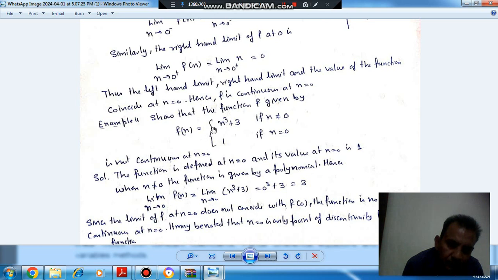So the limit of the function is represented by the limit as x tends to 0 of f(x) by this equation. If we put in the limit, we get the limit of the function as 3, but the value of the function at x = 0 is given as 1. So the value of the function is 1 and the limit of the function is 3, so they do not coincide. So the function is not continuous at x = 0.